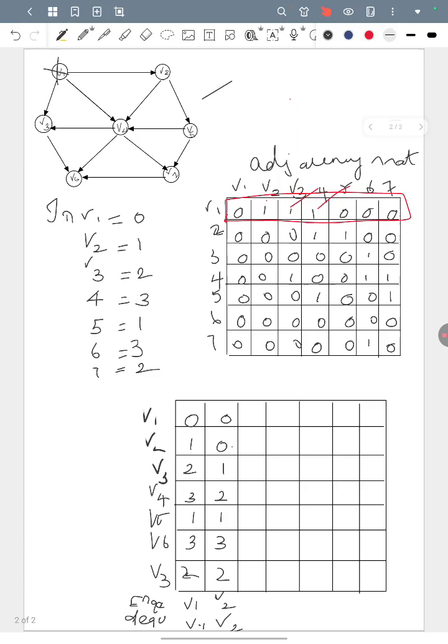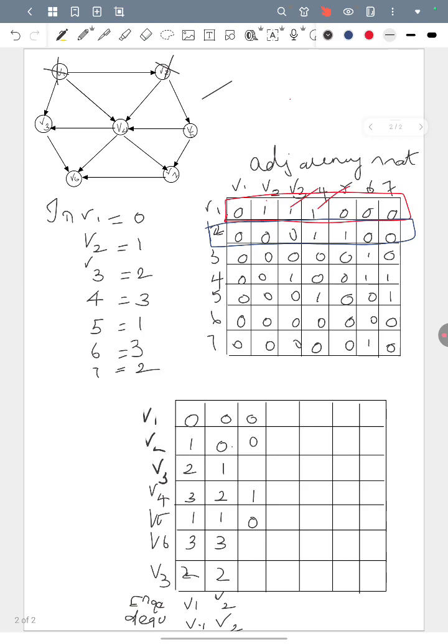Next, see which vertices have 0 in the in degree calculation. We have taken V2. If V2 is removed from this graph, then again you have to calculate the in degree. See which vertices have an in degree from V2, which is nothing but V4 and V5. You have to subtract 1 from V4 and V5. Hope you understand this concept.